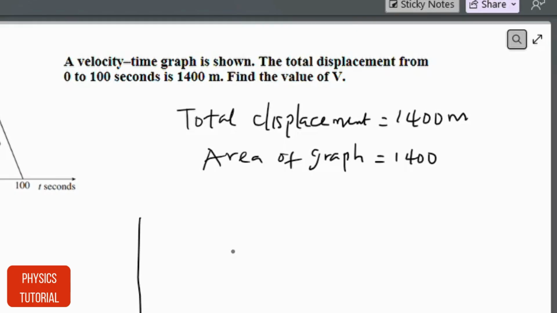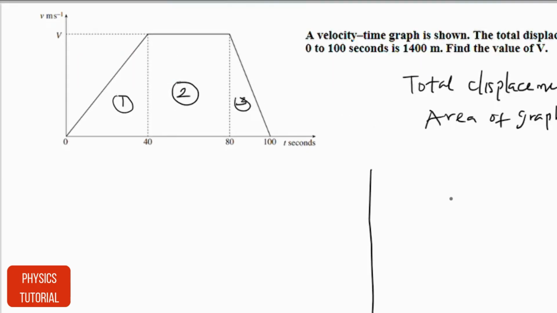So let's start with the first triangle, let's call it area 1. Area 1 is a triangle from 0 to 40 seconds.